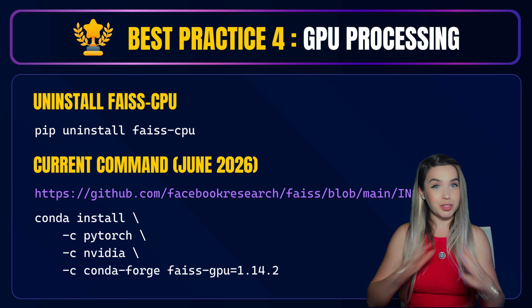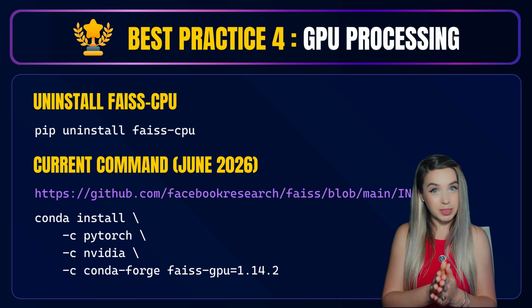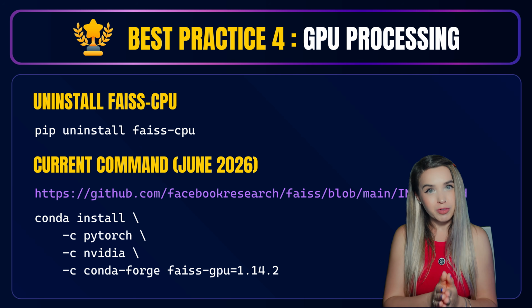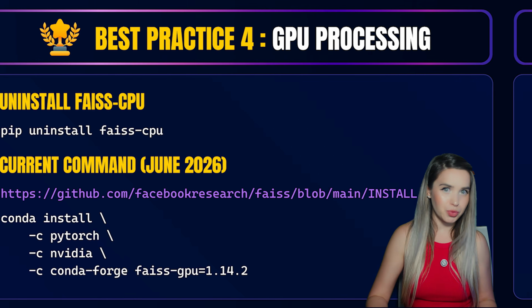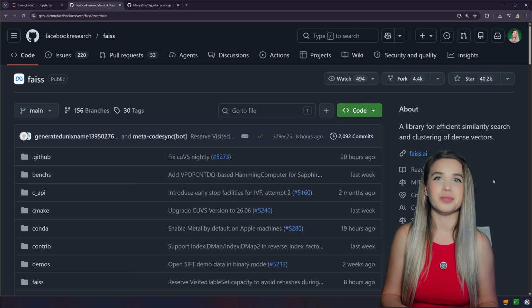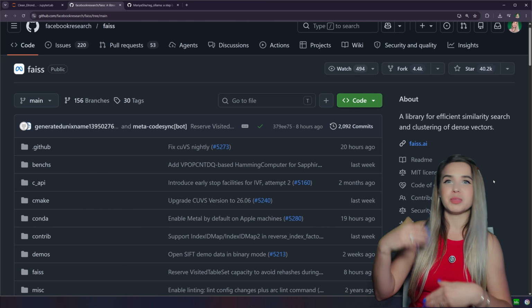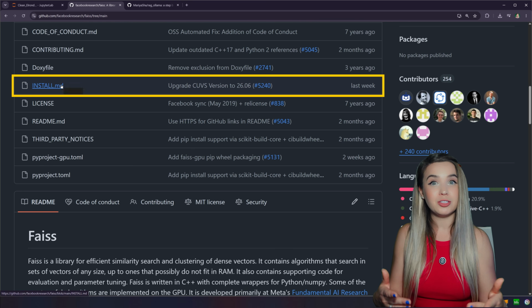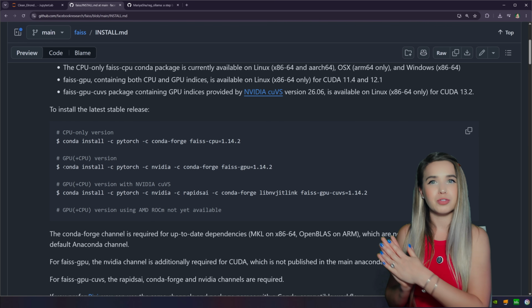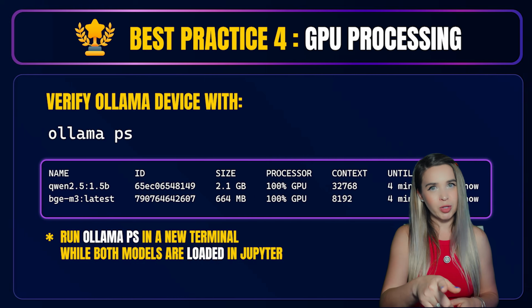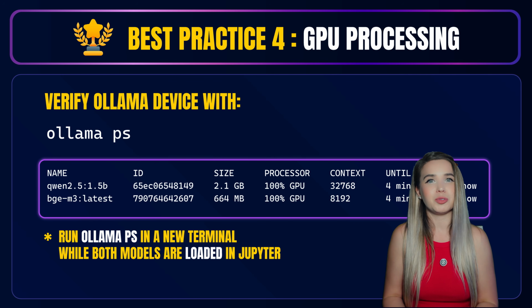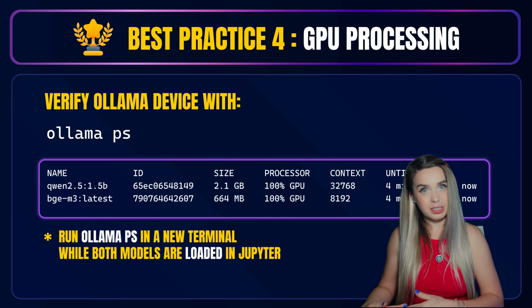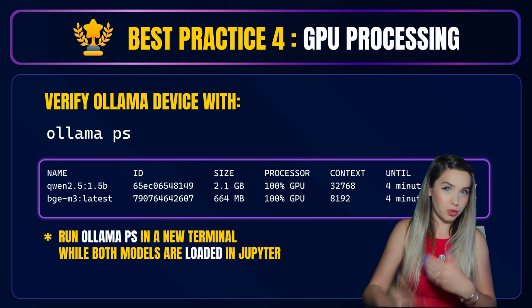So if you have a CUDA-based GPU on your system, the only change in your workflow is installing FAISS GPU instead of FAISS CPU. The code stays exactly the same. Just copy the installation command from the official FAISS GitHub page and remove FAISS CPU from your setup. In terms of Ollama, it automatically uses your GPU if it's available. Otherwise, it falls back to the CPU, so you don't need to worry about it.